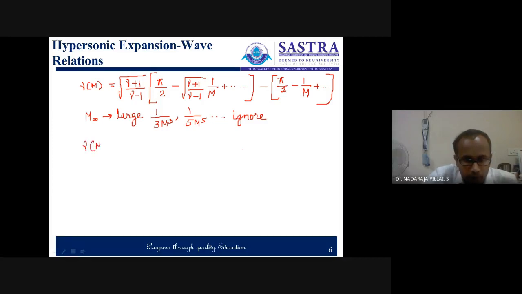mu of m is equal to root of gamma plus 1 by gamma minus 1 into pi by 2, right?